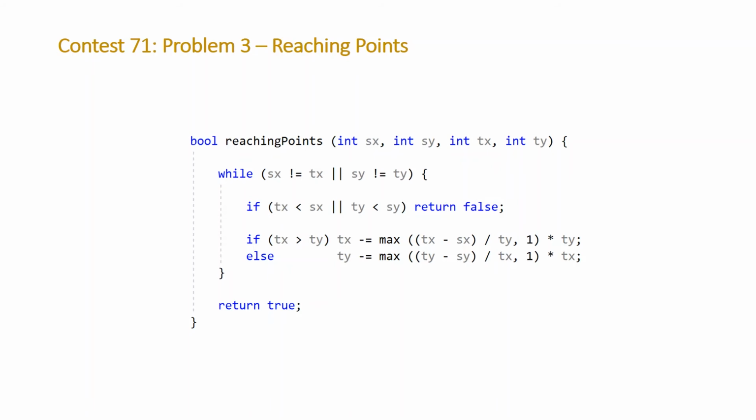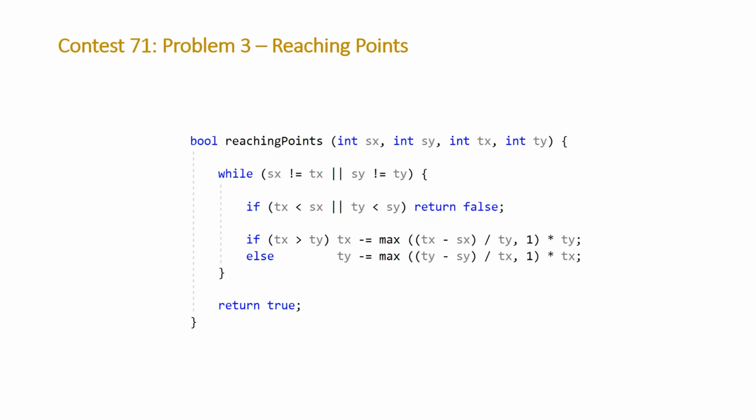If tx is greater than ty, we have to do a minus equals on tx and vice versa. And note that this simply just isn't subtracting ty, because if we only subtract ty one at a time, it's going to exceed our time limit. So what we're doing here is basically backing out the maximum number of subtractions that we would end up doing.